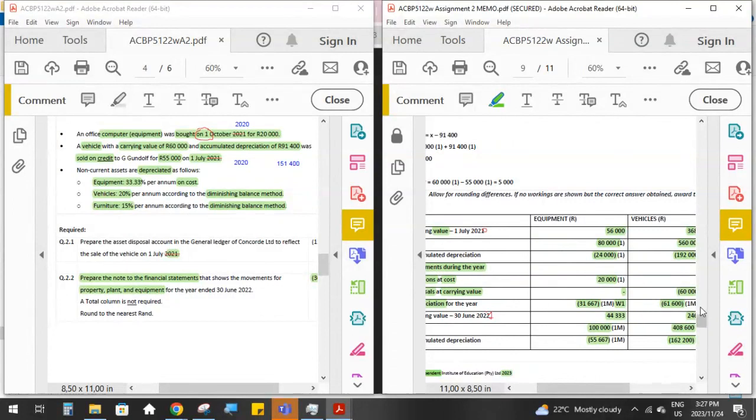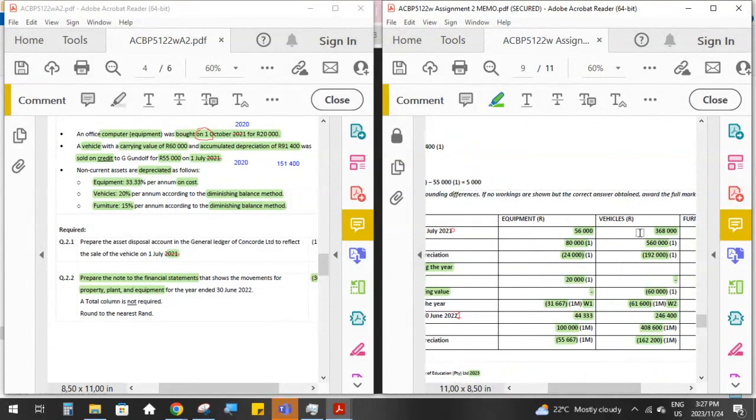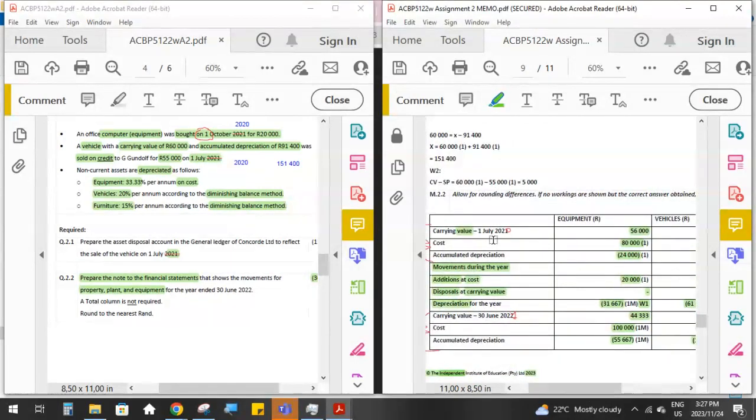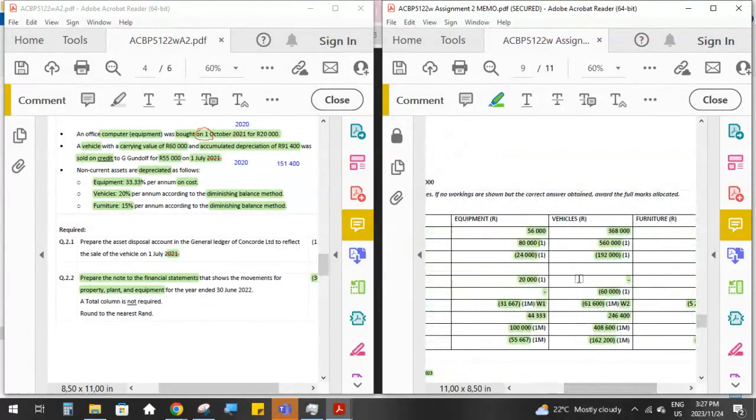The same thing with the vehicle that we sold. On the first minute after midnight, on the 1st of July 2020, we still owned that vehicle, so it goes in here in our opening balances. During the day sometime on the 1st of July, we sold it. So that's why it belongs in movements during the year, and we show it as a disposal here in the body of our note.